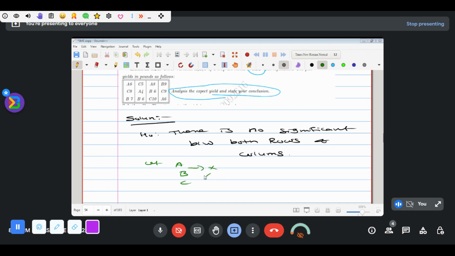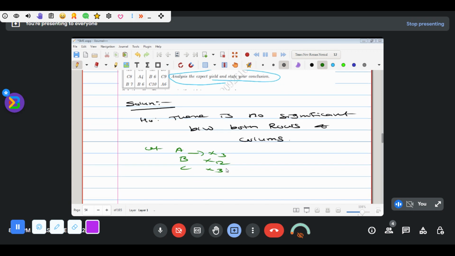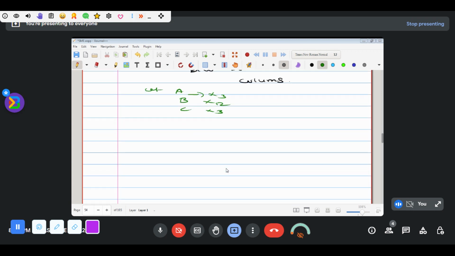Therefore, x1 calculation, x2 calculation, x3 calculation. In row and column, I am writing here and arranging all the elements. I am putting the first calculation x1, x2, x3, and here A, B, C. Three values.